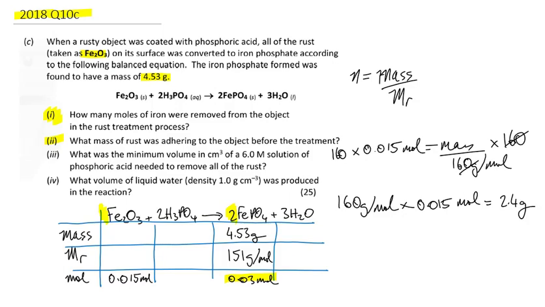So I can feed that into my table. I've got 160 grams per mole, and I've got 2.4 grams. So that's my answer for part 2, 2.4 grams.